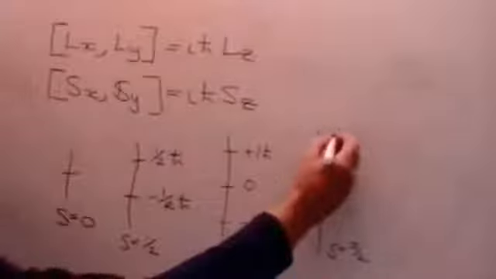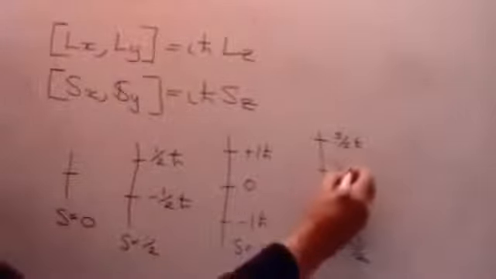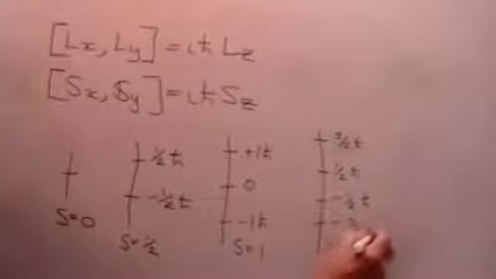And here we've got a possible 3/2 h bar, half h bar, minus a half h bar, and minus 3/2 h bar. And once again, you'll notice that each of those are h bar apart, but there are now 4 states. And you will also notice that the number of states is given by 2 times the value of s plus 1.